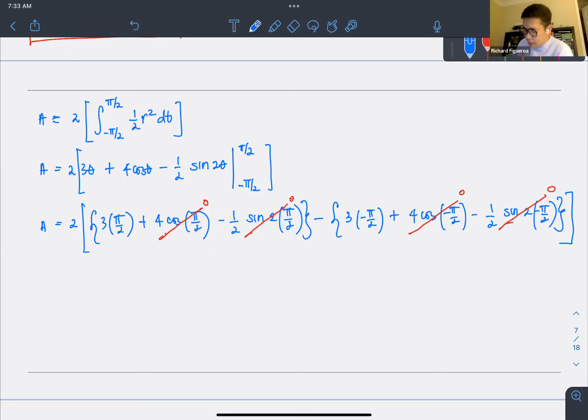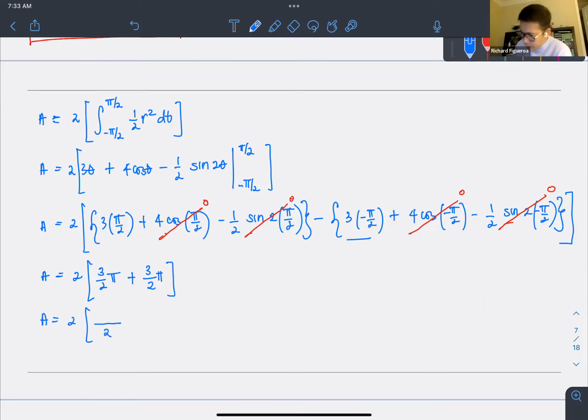So matitira lang, so A would be equal to 2 times 3 pi over 2 minus 3 times negative pi over 2.